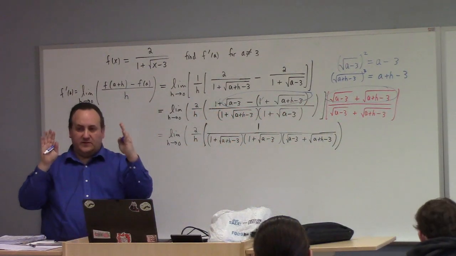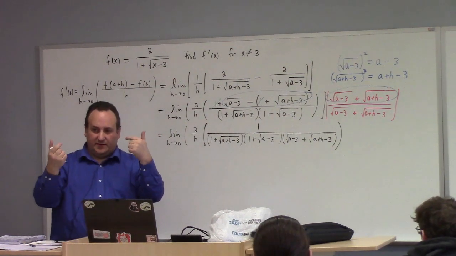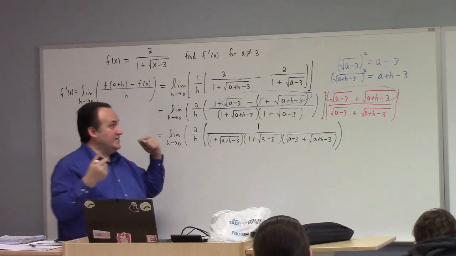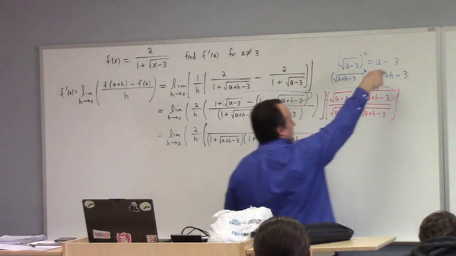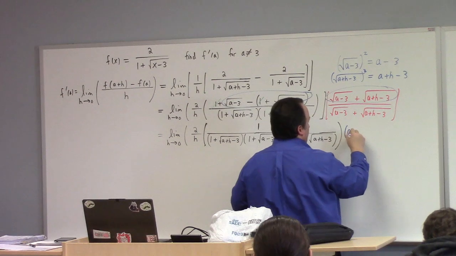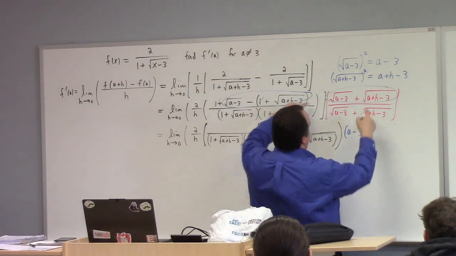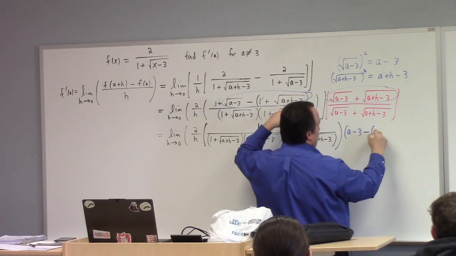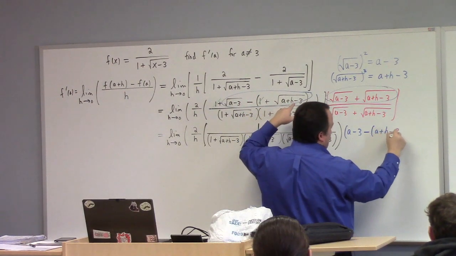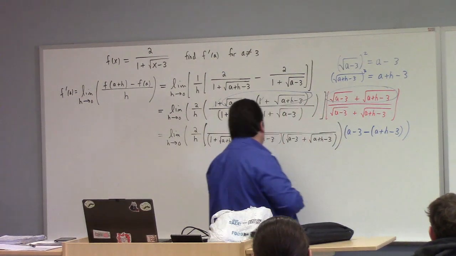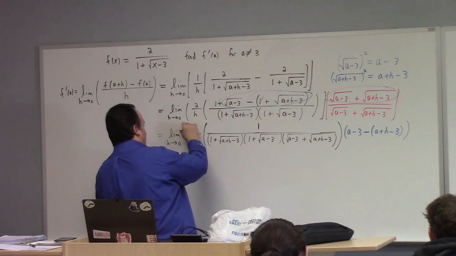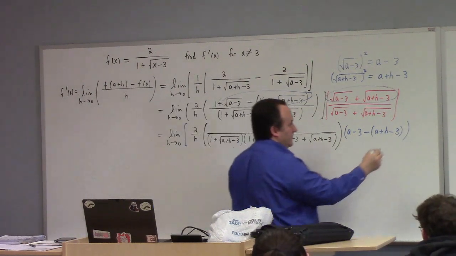But because of the pattern, the cross terms cancel. We get a plus and a minus, the product of the roots. So the only thing that remains is the a minus 3, and then minus the product of these two, because it's minus and a plus, so we get a minus parentheses a plus h minus 3 from that. Then I should probably close my big old parenthesis over here.